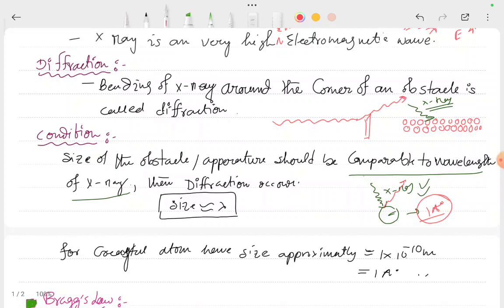So X-ray diffraction is nothing but the bending of X-ray from crystal planes, and X-rays bend from the crystal plane because the wavelength of X-ray and the size of the atom in the crystal are equal. Hence the conditions of diffraction will be satisfied. This is called X-ray diffraction. Is it clear? Okay, that's fine.